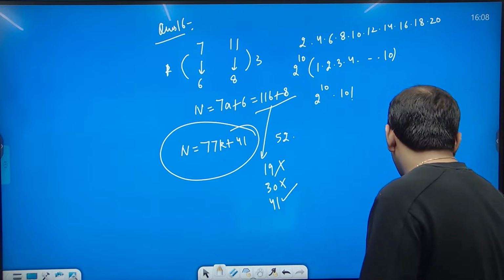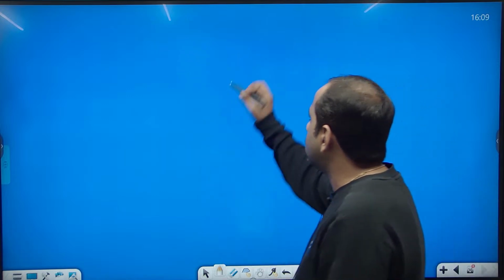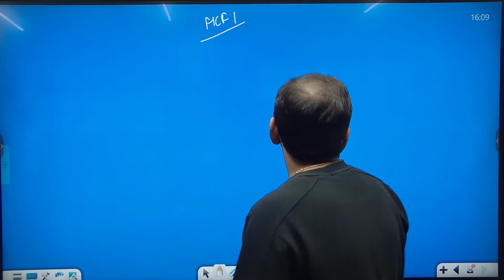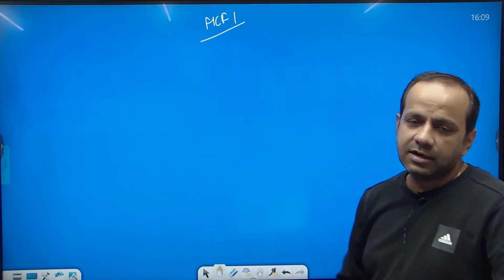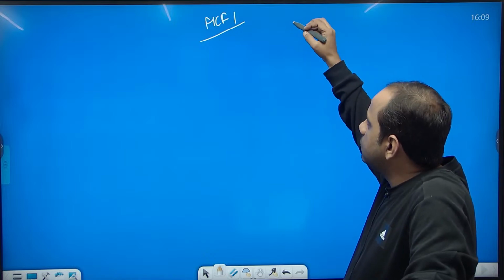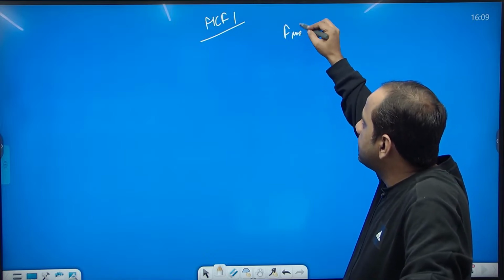One more thing, we have two types of question in HCF also. HCF model 1. So HCF model 1 is that you get question like this. Now see the language of question. You have to find the smallest number.